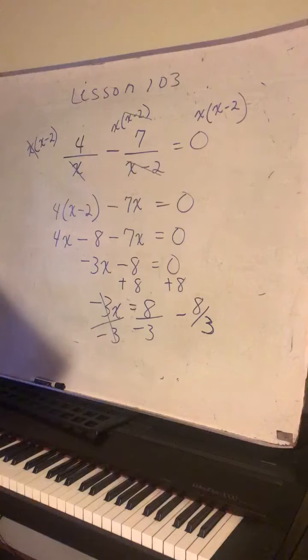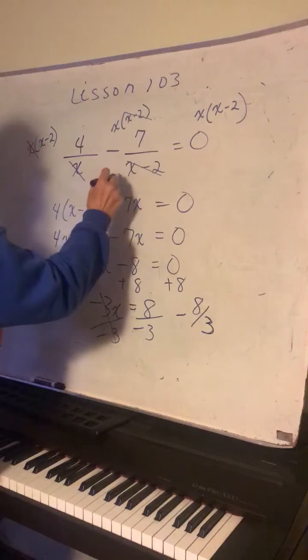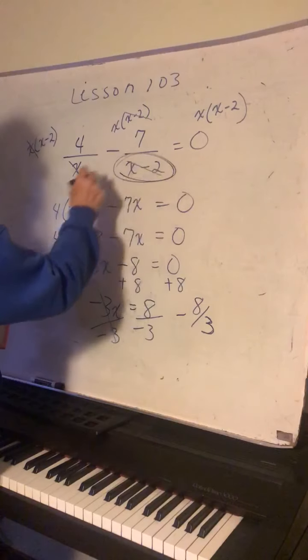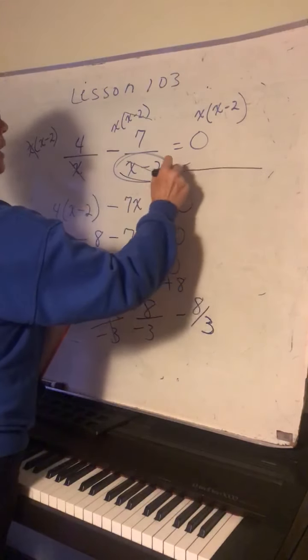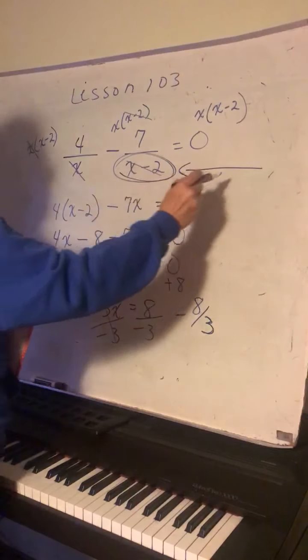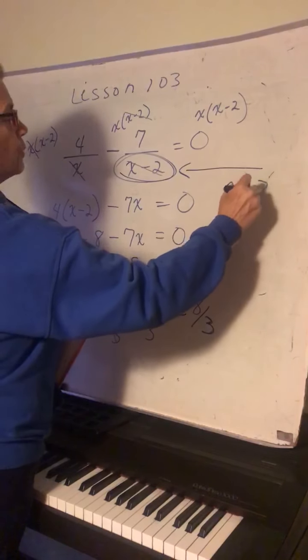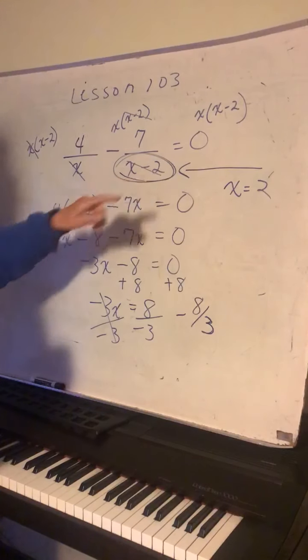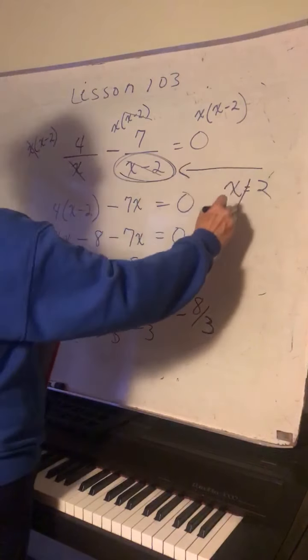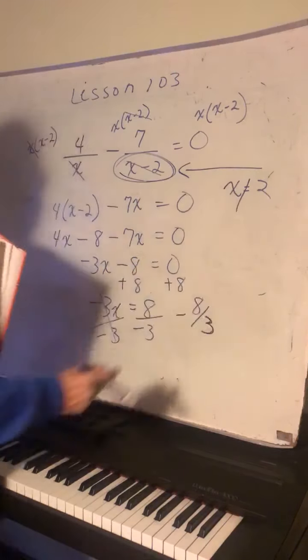The only thing that you want to pay attention to in these types of problems: if your answer ended up being x equals 2, that can't happen because that ends up being a 0 here, and this is not a solution.